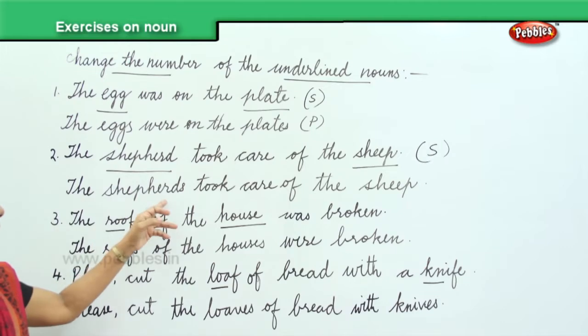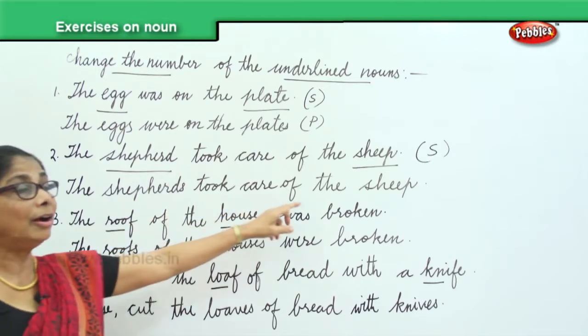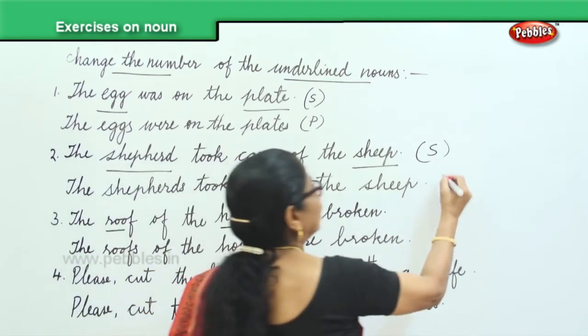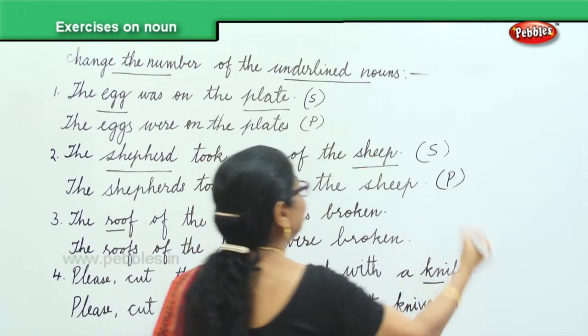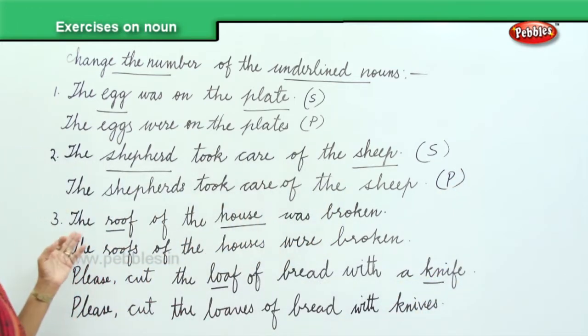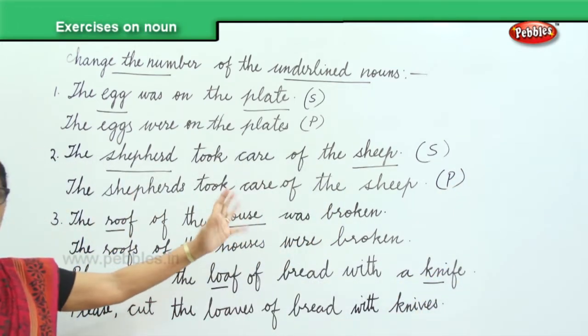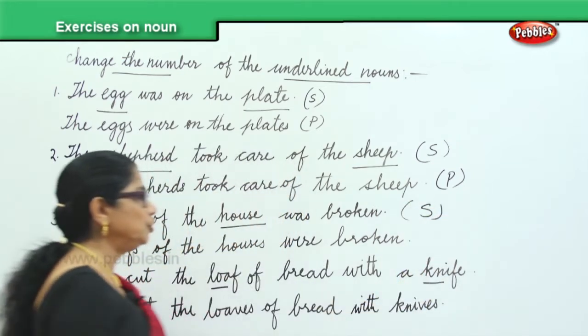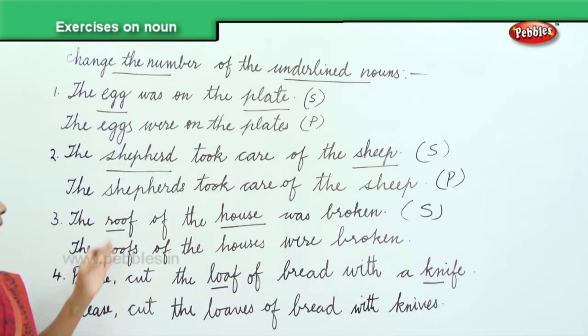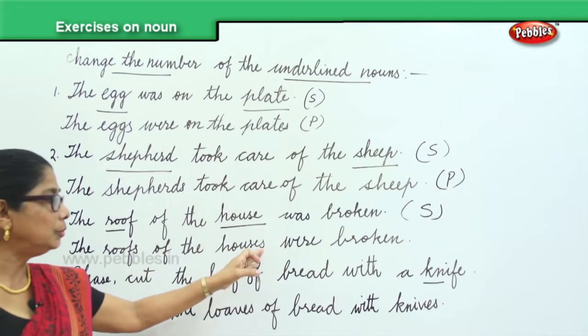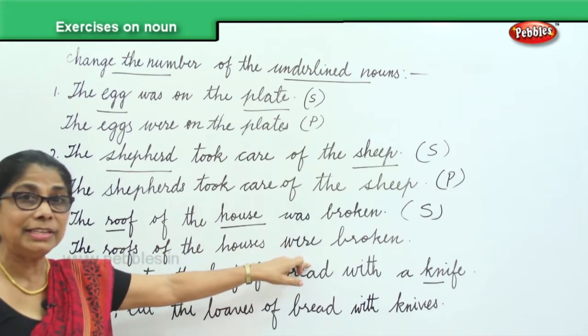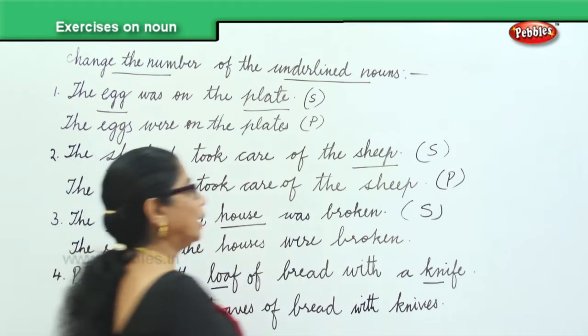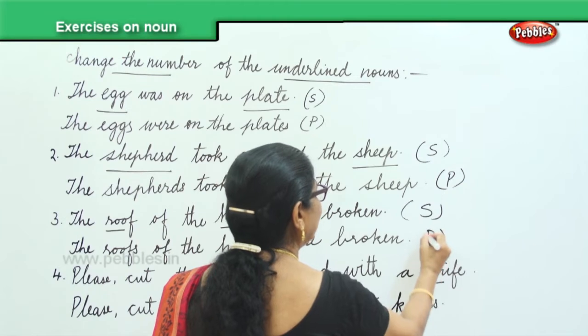The shepherds took care of the sheep. Next we have, the roof of the house was broken. That's singular, and we change it to plural. The roof becomes roofs of the houses. Verb changes: were broken.